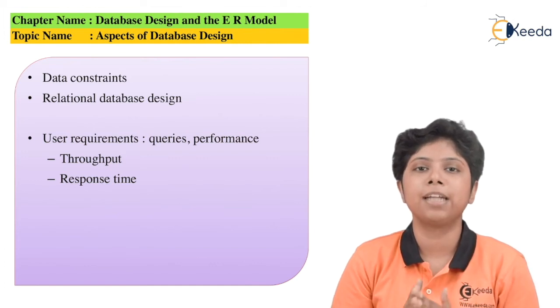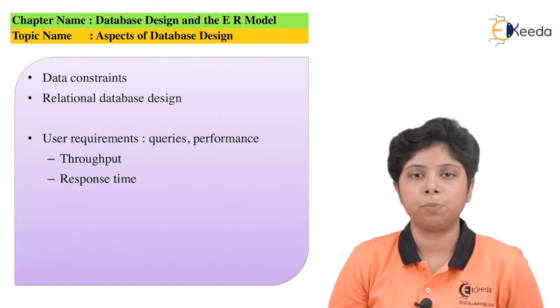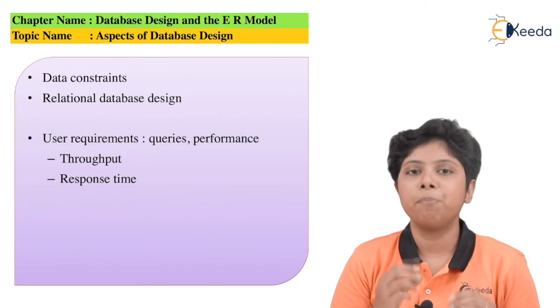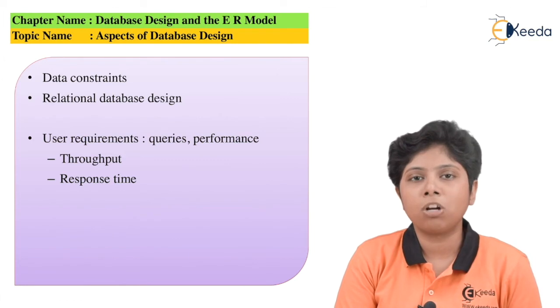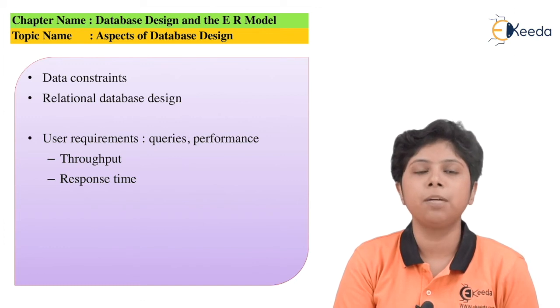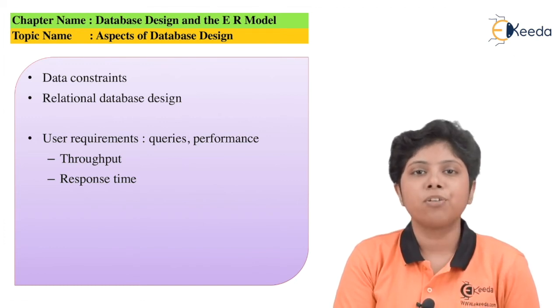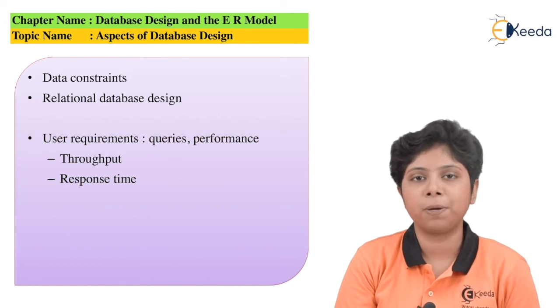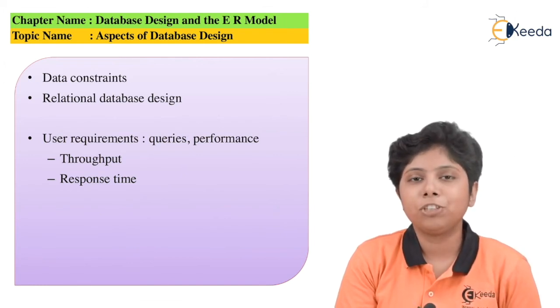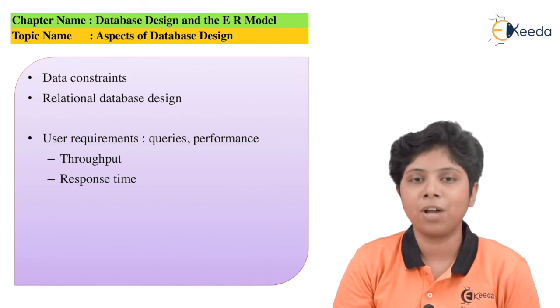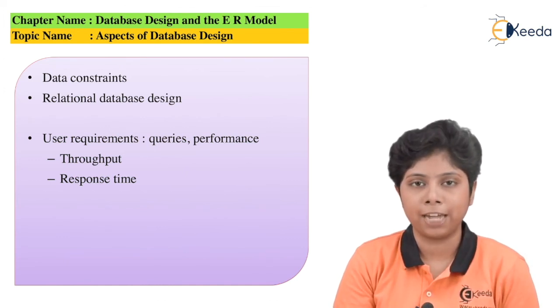So throughput has an inverse relationship with response time, and a good database design should always have a minimum response time and maximum throughput. If the throughput is not higher, then we can say that the database design has not been done properly or cohesively. So we should always stick to a coherent database, not a redundant, incomplete, or inconsistent one. We should remove all these from the database to have a good throughput and a lower response time.